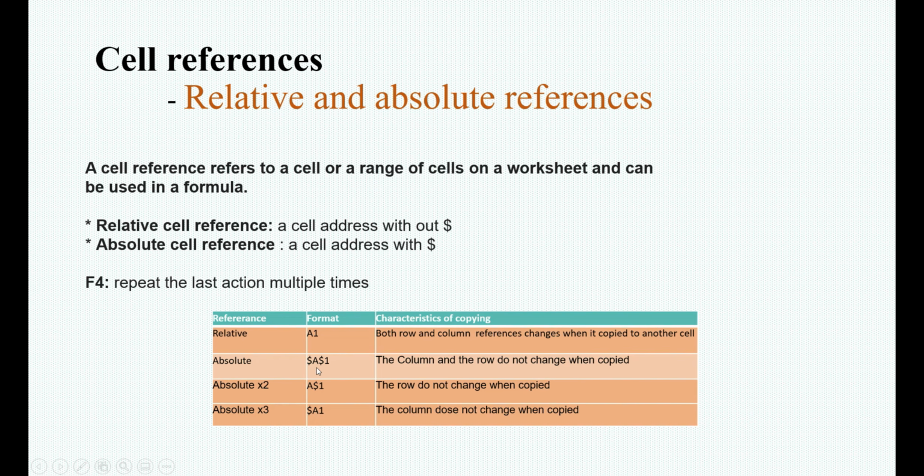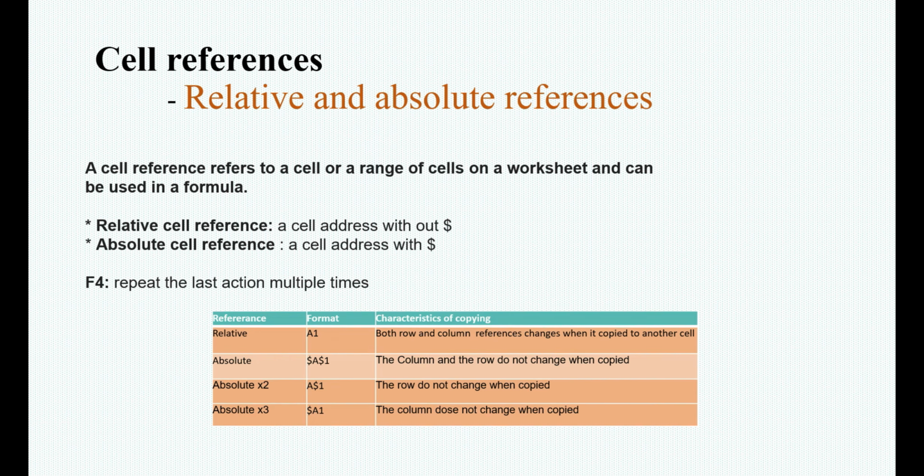The F4 key stands for repeating the last action multiple times. If you hit the F4 key only once, you will get two dollar signs, one before the column letter and the second before the row number, and then the column and the row do not change when copied.